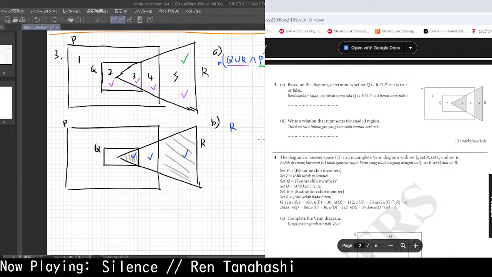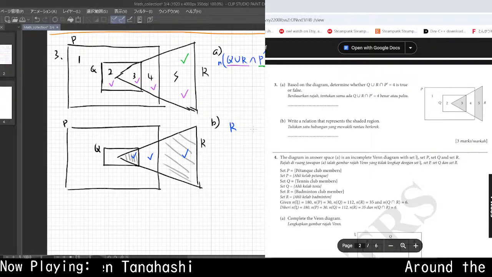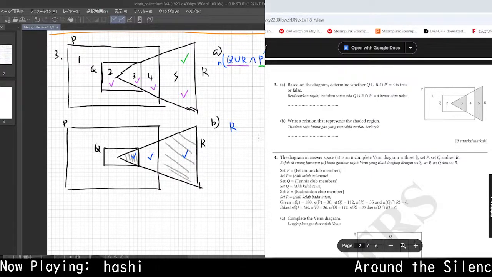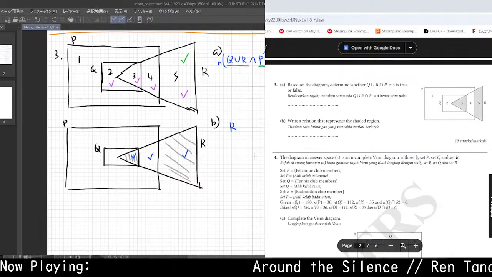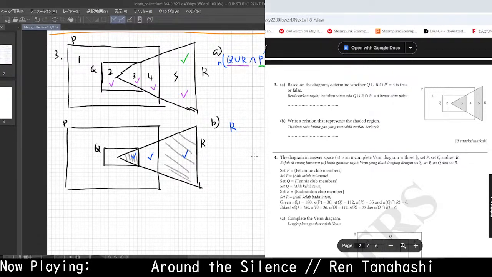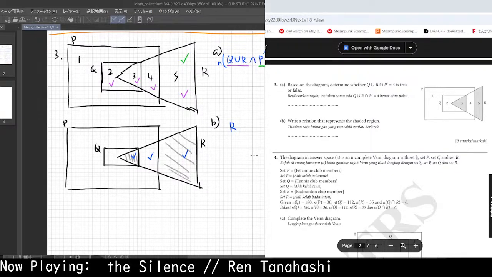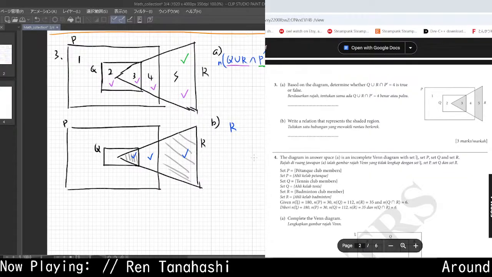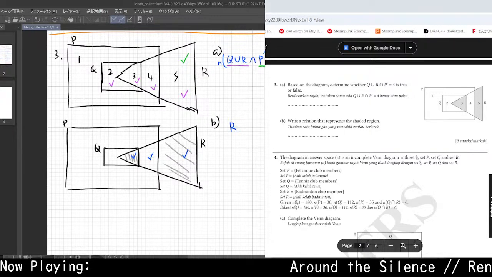Okay, I think there are a few ways to do this. If you want to represent it in one single swoop, I can try to intersect it with P. Okay, let's go about this.